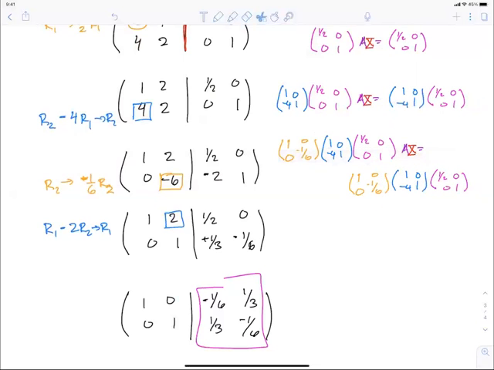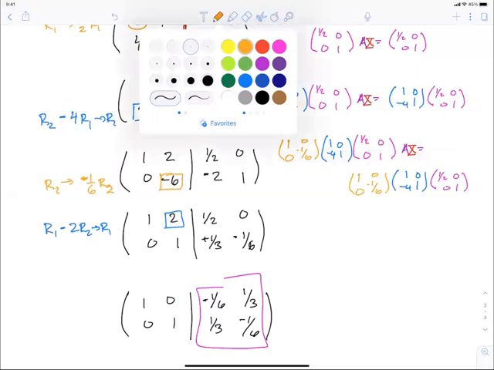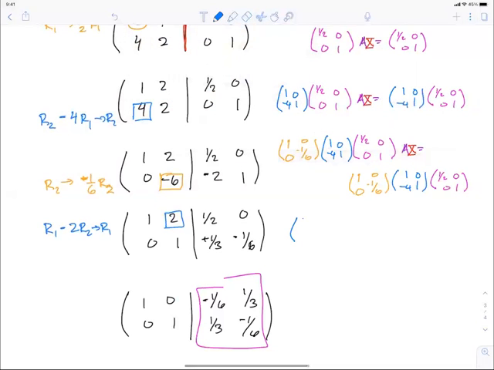All right, and then finally, we multiplied by another row operation matrix on both sides.